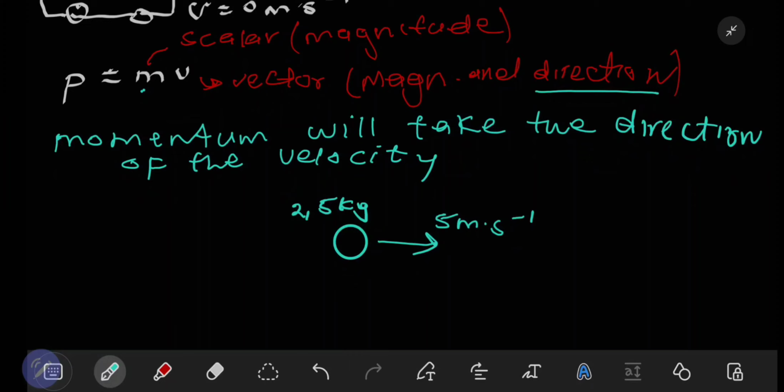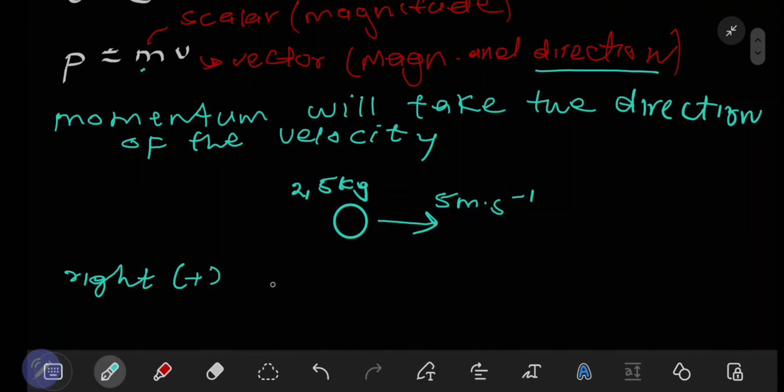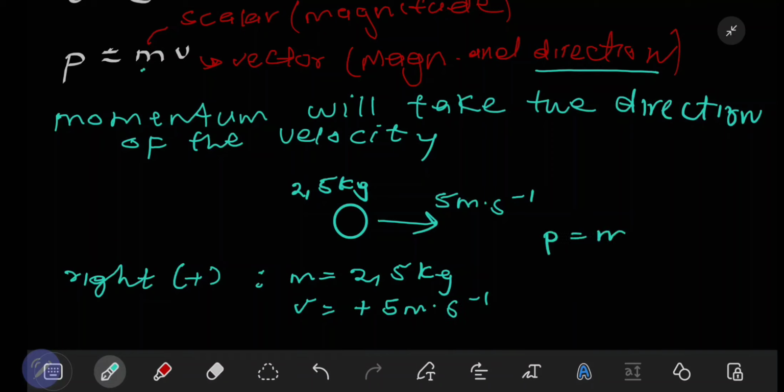The ball is traveling to the right. So we take right as positive. It means any motion going to the right is considered to be positive. So our mass in this case is 2.5 kg, and our velocity v will be positive 5 meters per second.